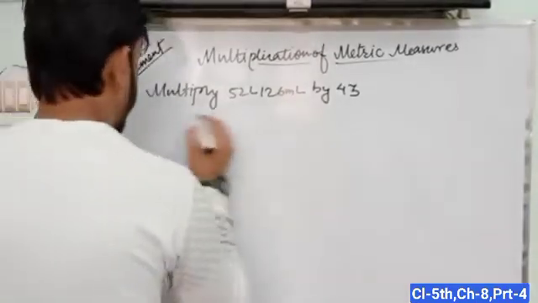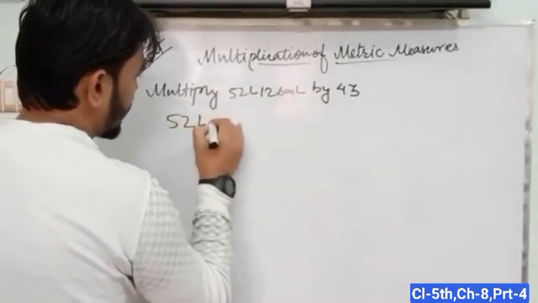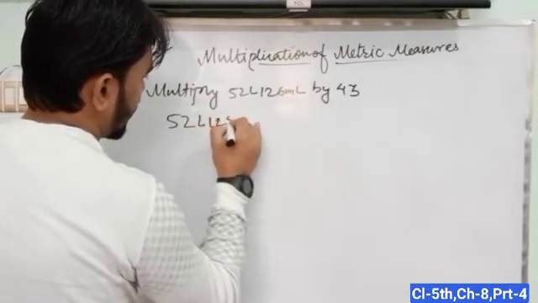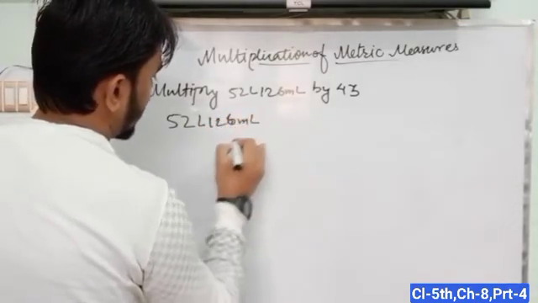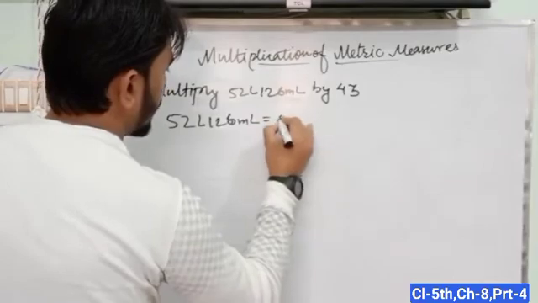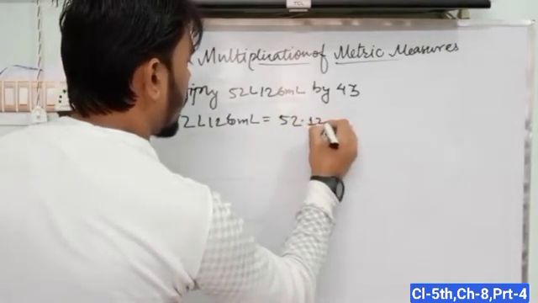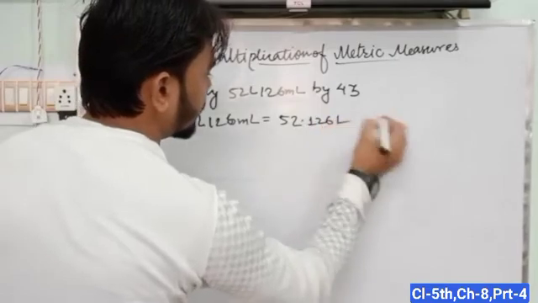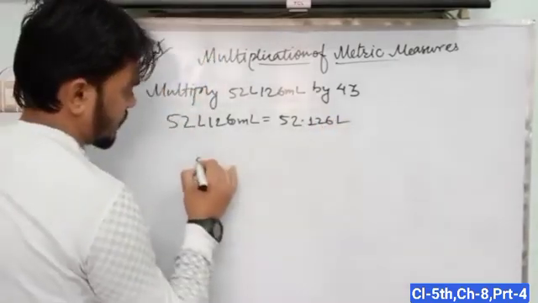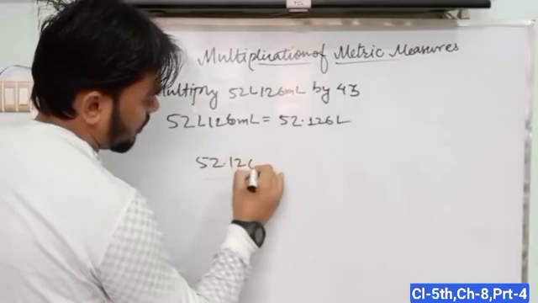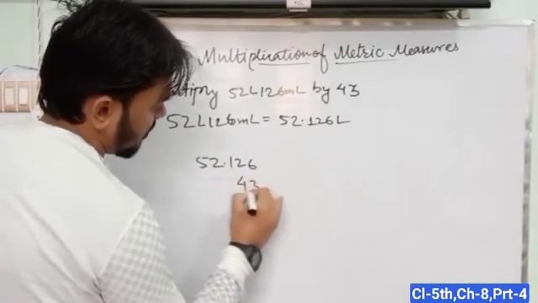We know that 52 liter and 126 milliliter is equal to 52.126 liter. So 52.126 is multiplied by 43.